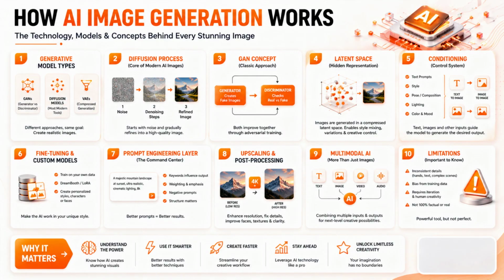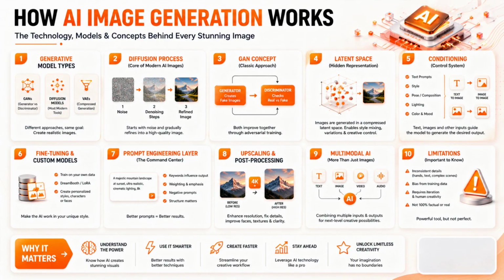So let's see fine tuning. Brands, creators, or companies train AI for custom styles and visuals for their own products. This is called fine tuning, a custom model for a specific use. Prompting power: a small change in the prompt makes a big difference in the results.